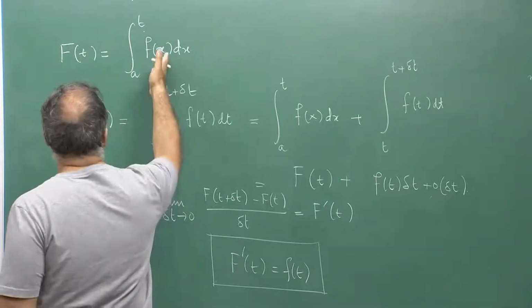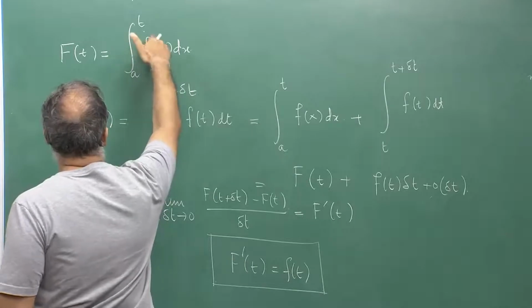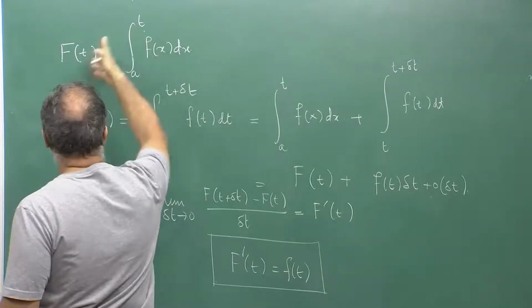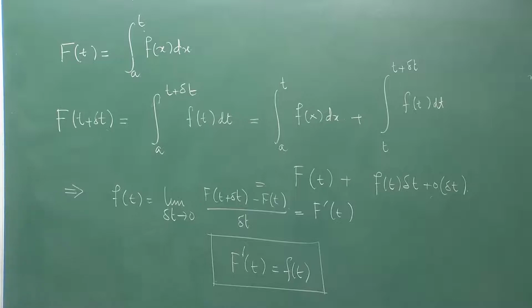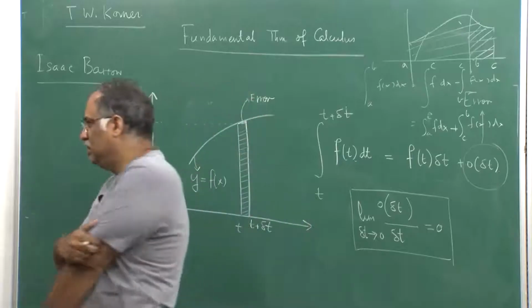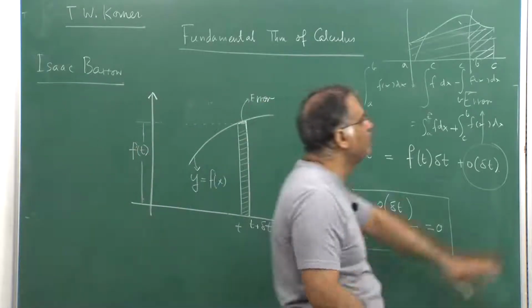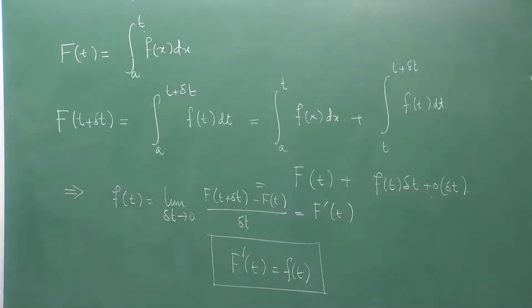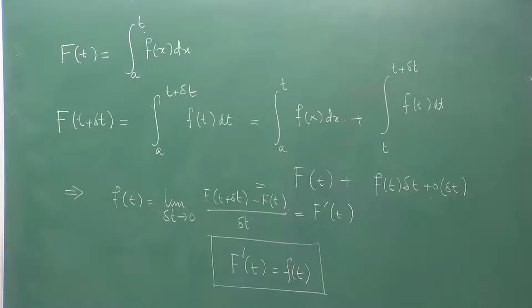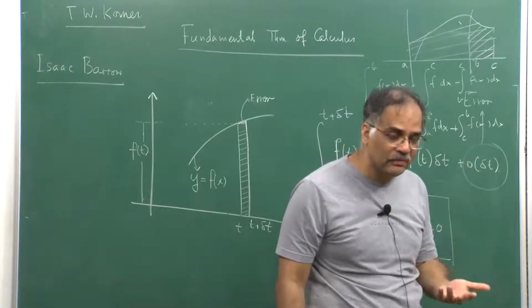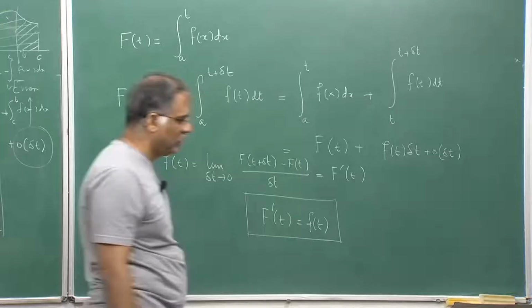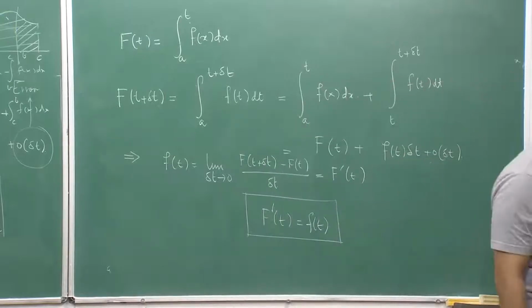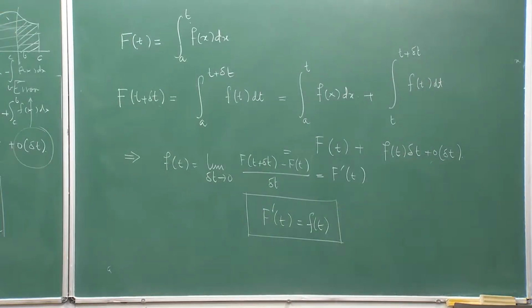So if I keep capital F dash here, this would be f of t. So basically if I differentiate the value of the integral, I get back the function itself. So integral being the inverse process of differentiation.